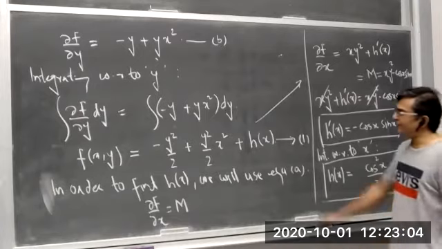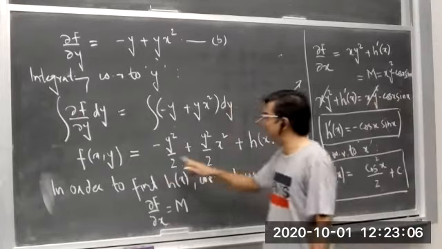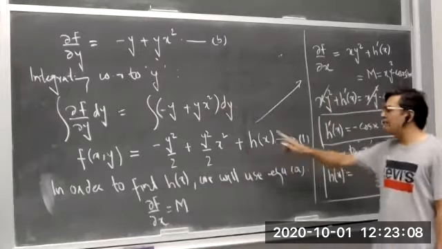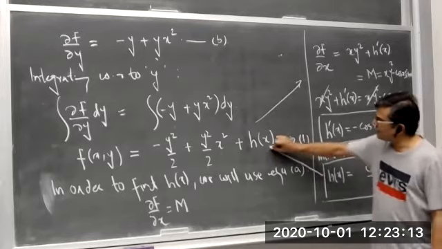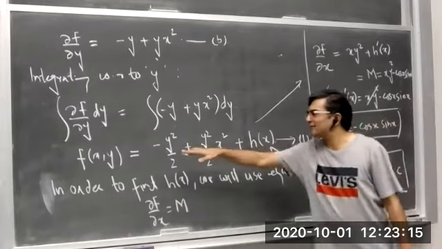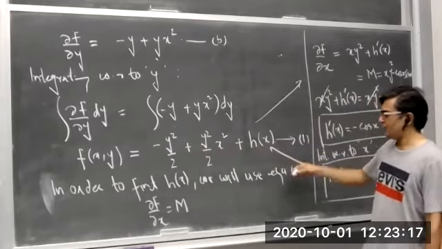Now हमारे पास f of x y की वैल्यू ये थी, इसमें h of x मिसिंग था. We have calculated now h of x here. By inserting the value of h of x here, f of x y is completed. ठीक है.